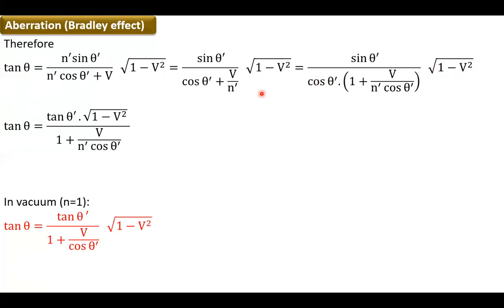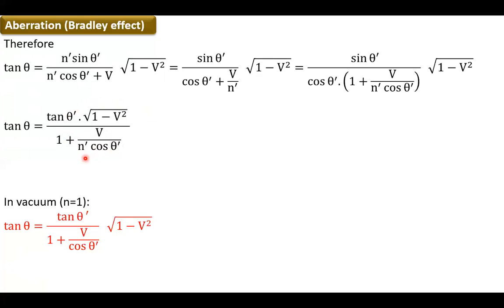So now you have a sine theta prime over a cosine theta prime, so you can compare tangent theta to tangent theta prime. So finally you get tangent theta is equal to tangent theta prime times the radical of 1 minus v squared over 1 plus v over n prime cosine theta prime.